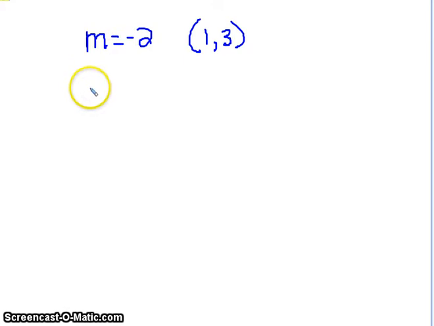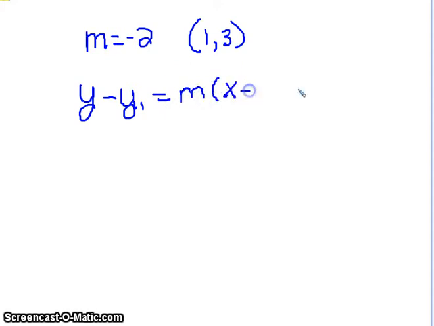So if you are moving into the calculus realm, and anywhere in college, they may expect you to know this as well. It is actually y minus y1 is equal to your slope times x minus x1.